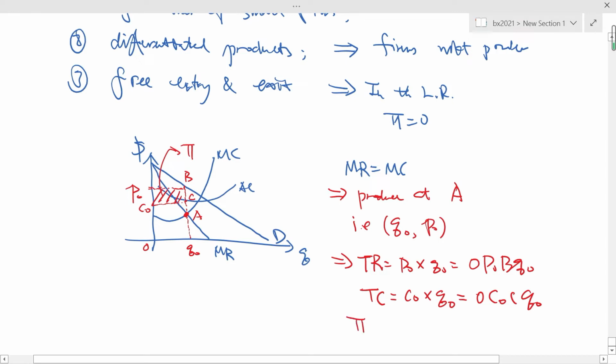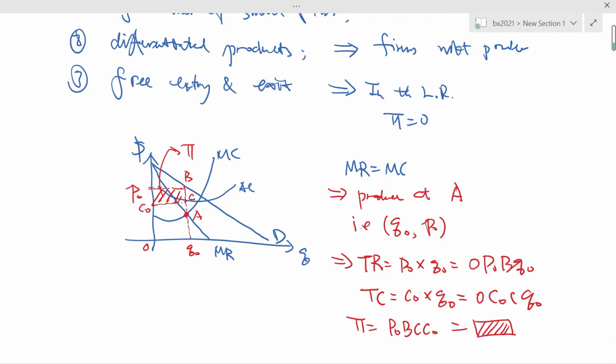So pi is P0 B C C0, this rectangle. So now you can see that I'm the coffee shop. I'm actually behaving like a monopoly in this market because my product is differentiated. Okay, that's what happened in the short run.